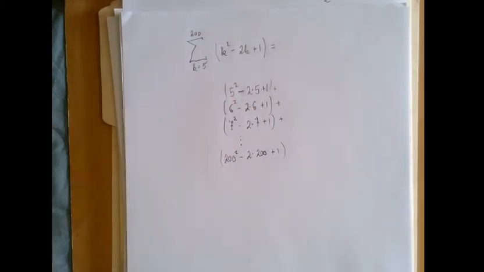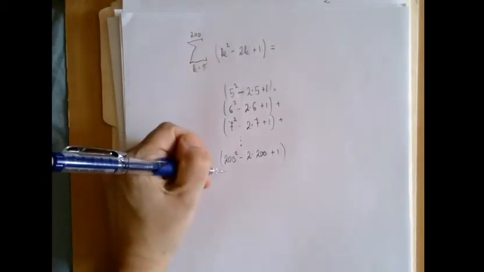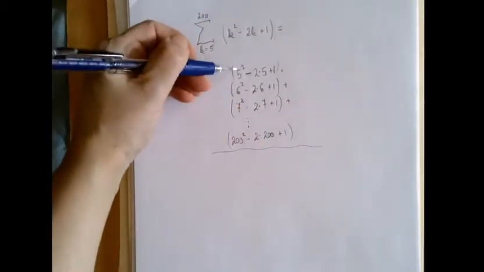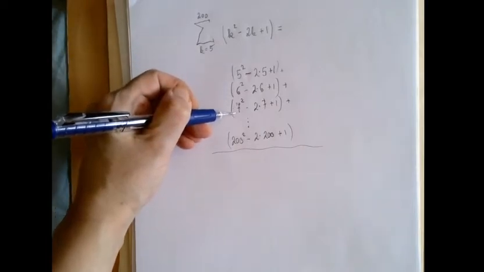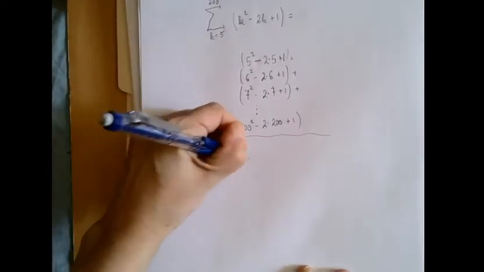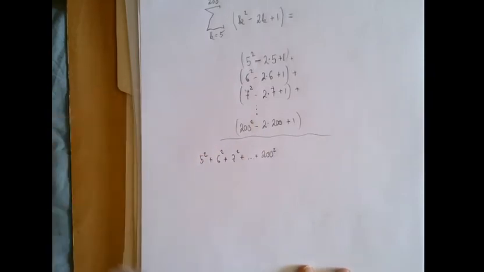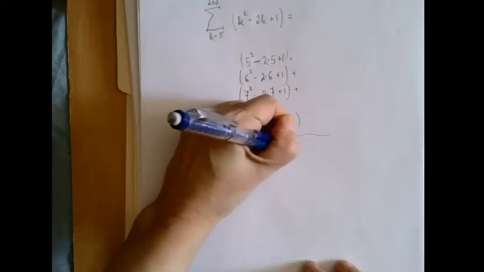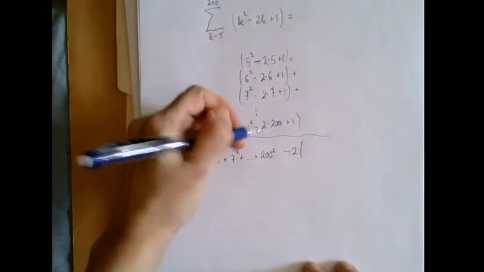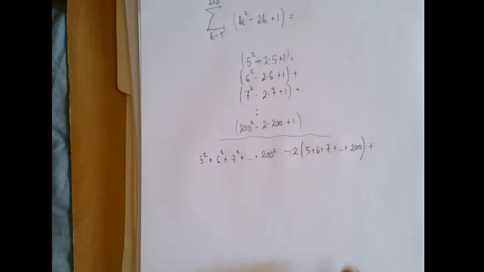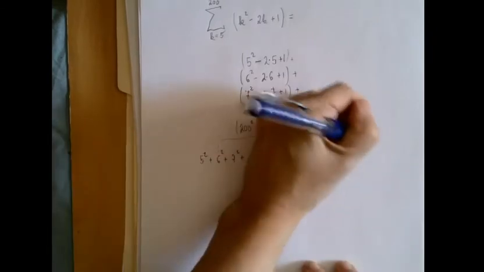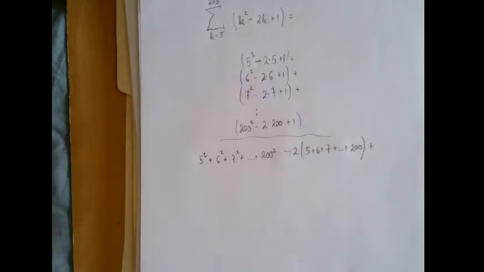Okay. And now we're going to perform the summation column by column. I see 3 columns. The first column is 5 squared plus 6 squared plus 7 squared and so on, plus 200 squared. The second column is minus 2 times, I'm factoring out this negative 2, 5 plus 6 plus 7 all the way till 200, plus 1, but how many times?